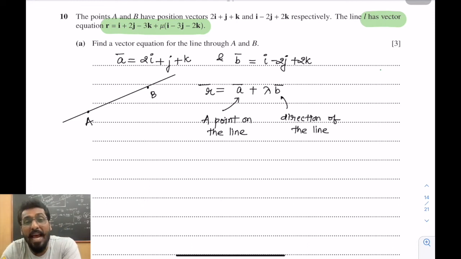So it can be the line itself, it can be a parallel line, it can be anything. So you need to get the ijk form for the line itself or a line which is parallel to the required line, whose equation you are trying to find. So A bar and B bar should be clearly understood.